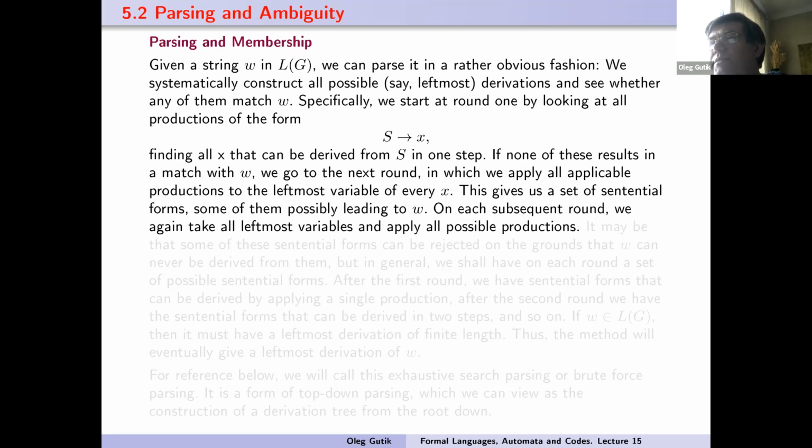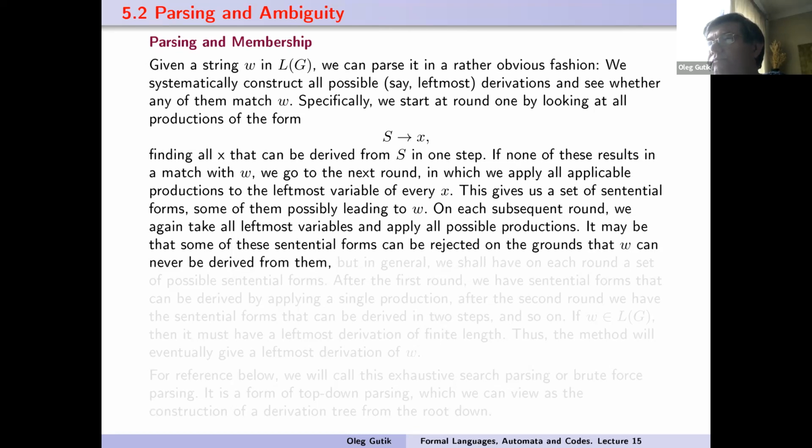On each subsequent round, we again take all leftmost variables and apply all possible productions. It may be that some of these sentential forms can be rejected on the grounds that the word w can never be derived from them. But in general, we shall have on each round a set of possible sentential forms.